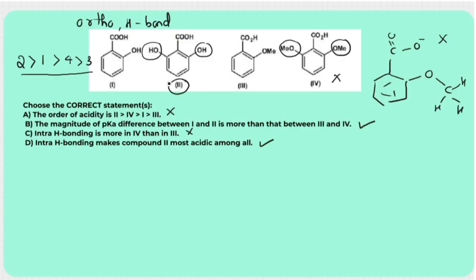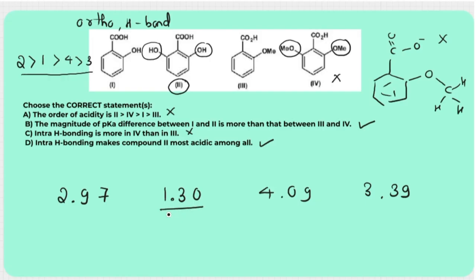Here I'm going to give you the standard pKa value for all these compounds, because you can compare their pKa values and also take the difference of the pKa values in order to give the justification for the given statement. So here the first one is 2.97 and then 1.30. Third one is 4.09 and the last one is 3.39.